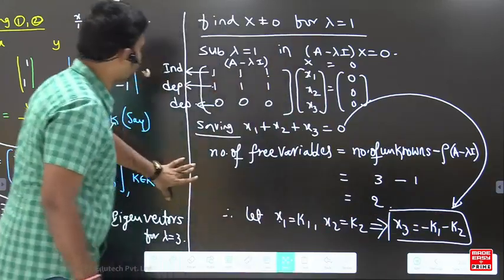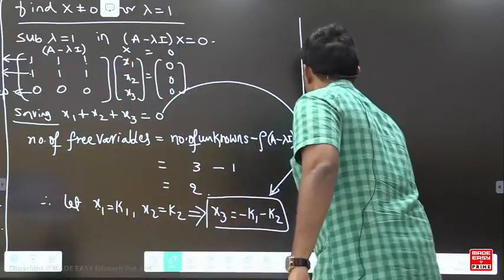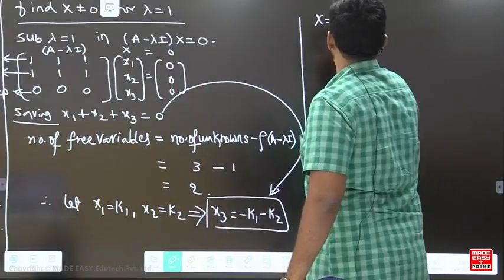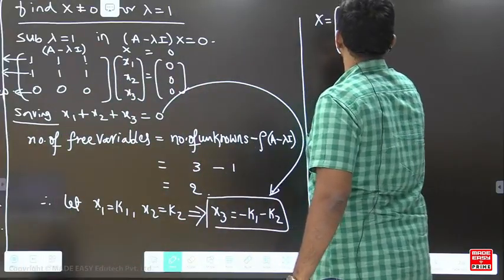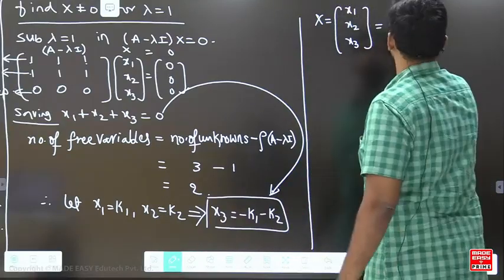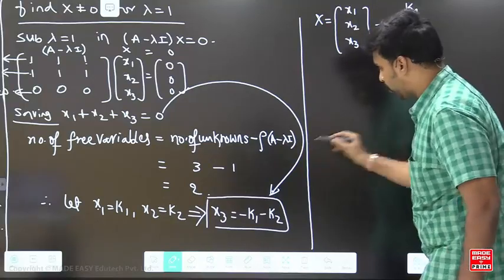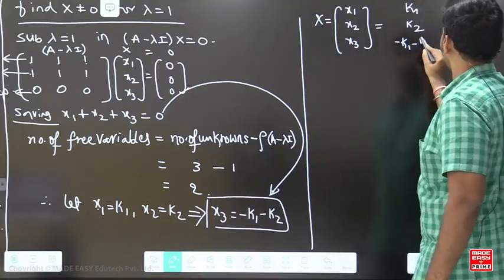Now, dear students, see how I am writing the solutions. Capital X is equal to x1, x2, x3. x1 is k1, x2 is k2, x3 is minus k1 minus k2.